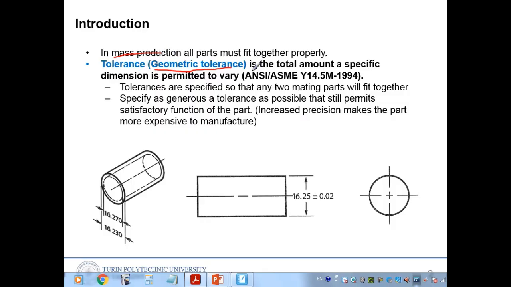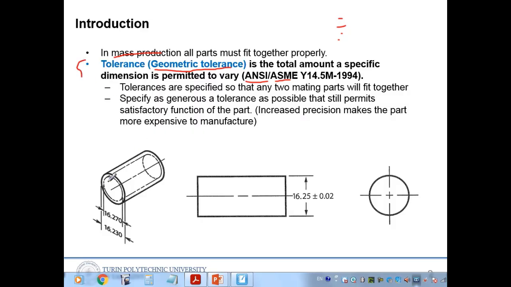Okay, so tolerance is the total amount a specific dimension is permitted to vary. That is taken from ANSI and ASME, the American Society of Mechanical Engineers. From that one, we got that definition.